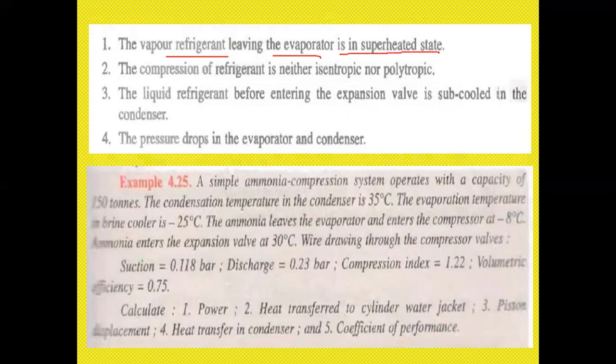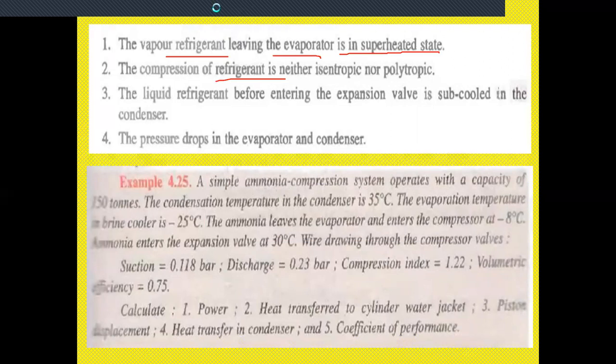So the difference between the actual and theoretical vapor cycle is that the vapor refrigerant coming out of the evaporator is superheated. Next, the compression of the refrigerant is neither isentropic nor polytropic.